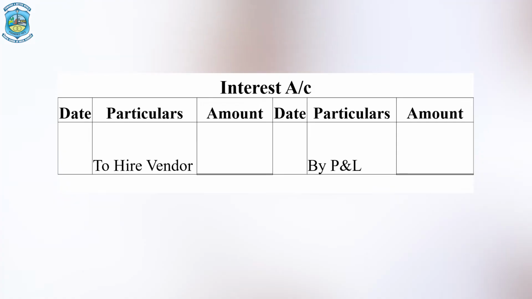That is, at the end of the year, when the interest gets accrued, you will be debiting the interest account, being an expense. Increase in expense is always debited. And at the end of the year, all the nominal accounts are to be transferred to the profit and loss account. The same we did while passing the journal entry, and the same we would do while ledger posting. So the balance of the interest account would then be transferred to the profit and loss account at the end of the year.